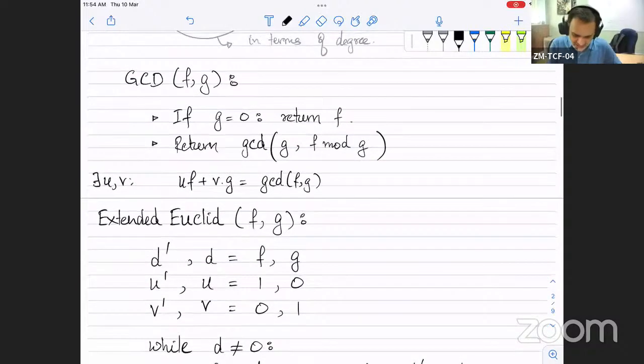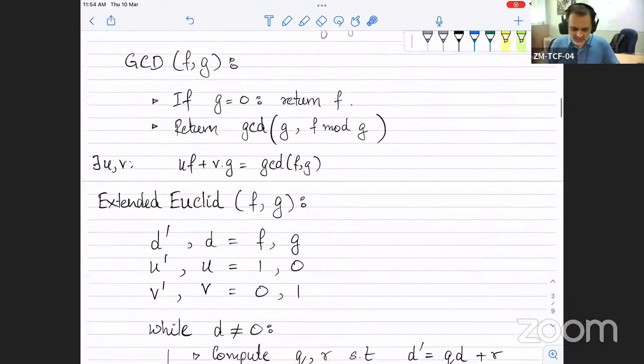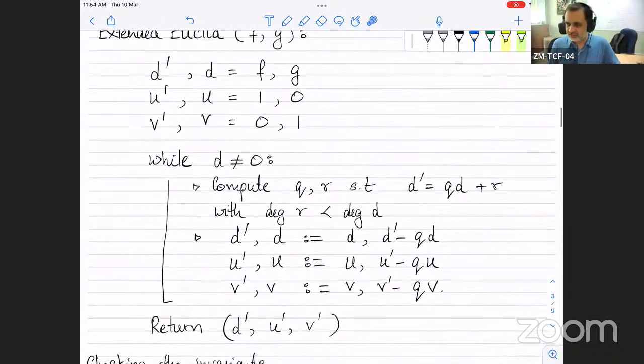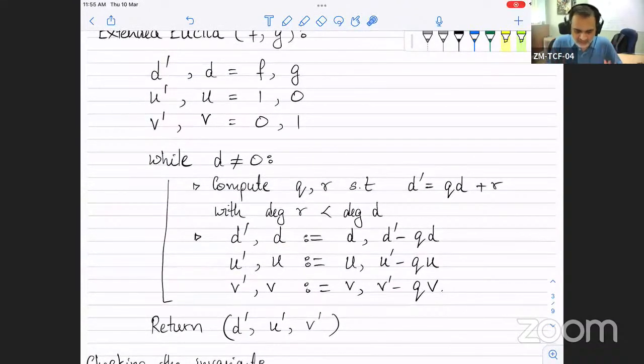This is just doing some bookkeeping in addition to the GCD computation. The way I think of the extended Euclid's algorithm is that you maintain the following invariant, which is uf plus vg is equal to d.